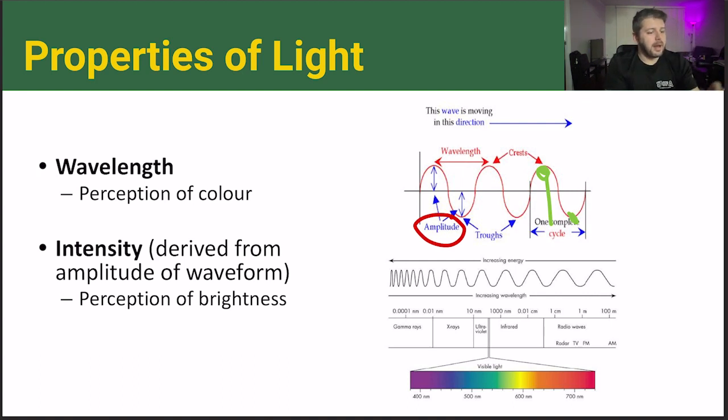As you see in the visible light spectrum at the bottom, different colors are defined by different sensitivities to wavelengths of light.